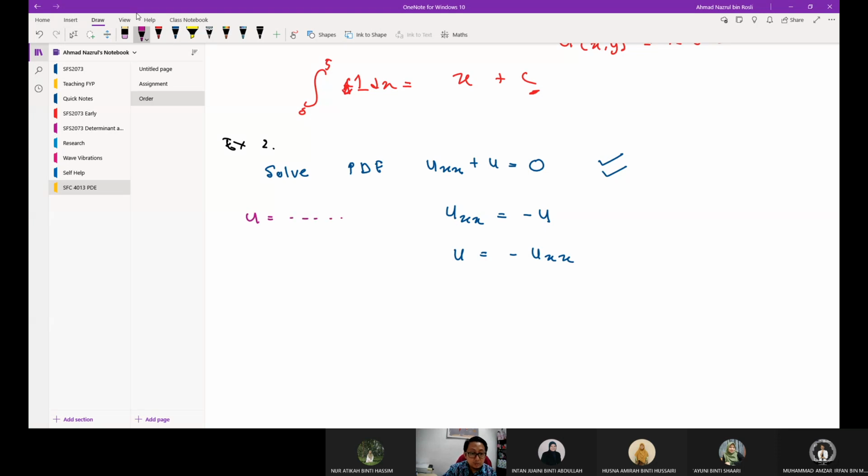If you differentiate du over dx, which is equal to ux, equal to another value, and then double differentiation, d squared over dx squared, uxx, you should get the value is minus u. Maknanya kalau ada value kat sini, apa-apalah kan, a plus b, example, jawapan kat sini you akan dapat minus a plus b.